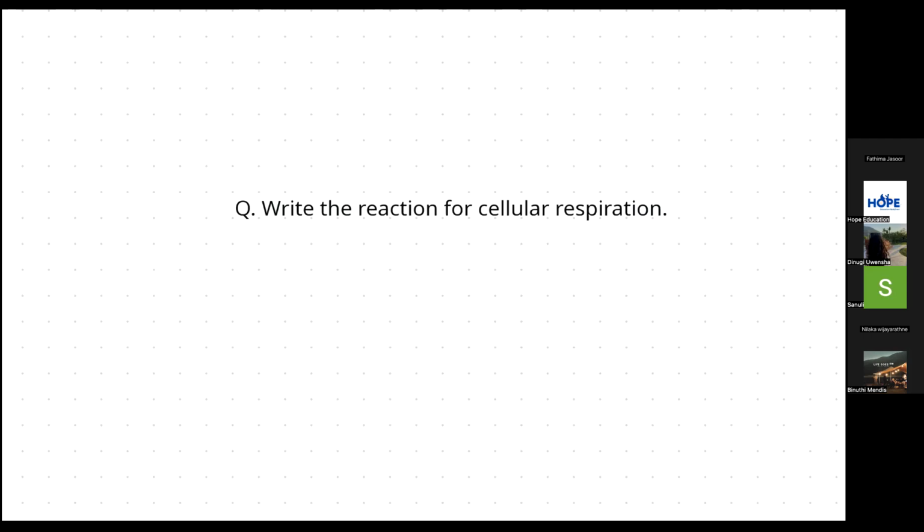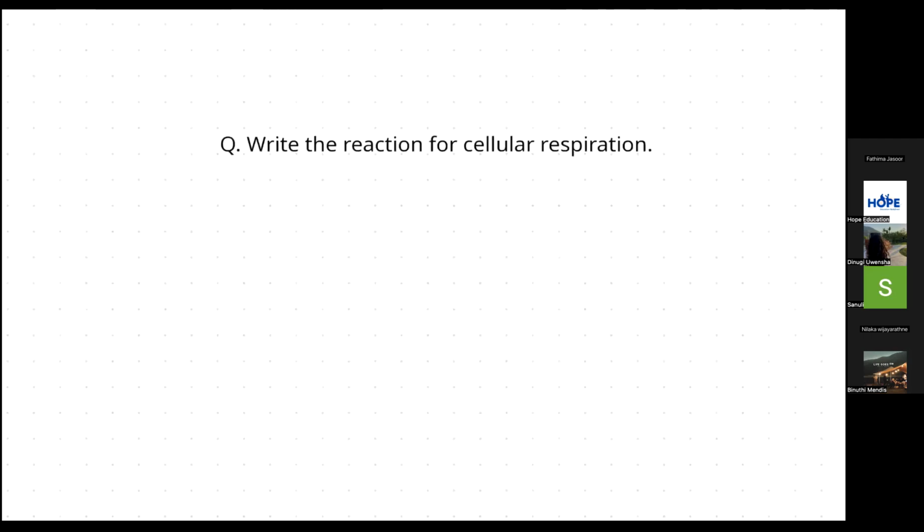Okay. So what are the reactants? Obviously, glucose is there. Glucose is C6H12O6. Plus, another. What is the other reactant? C6H12O6 plus? Yeah, 6 oxygen, 6O2.